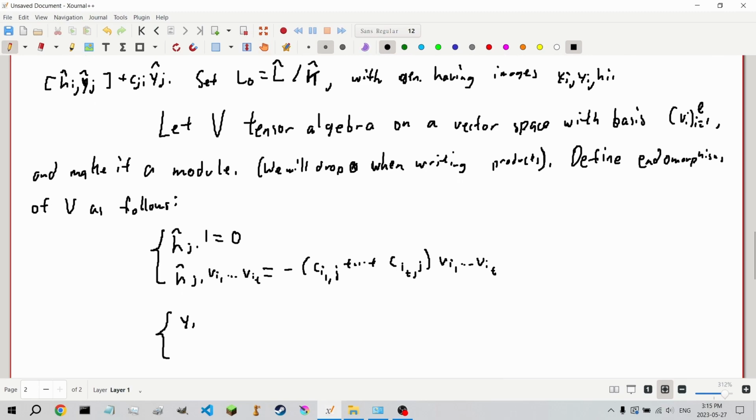The action of y hat j on 1 is going to be v_j.